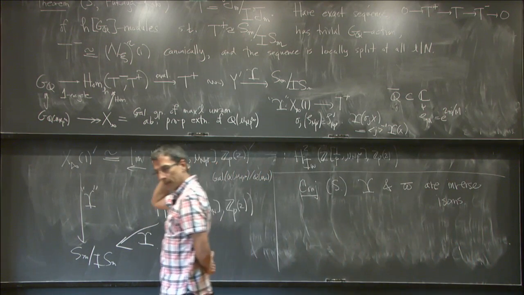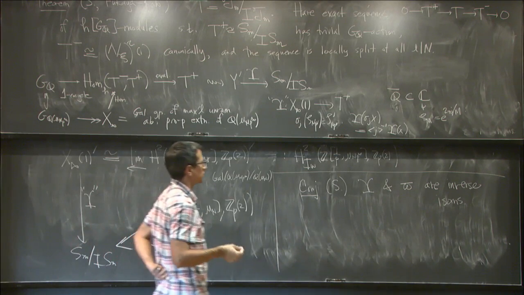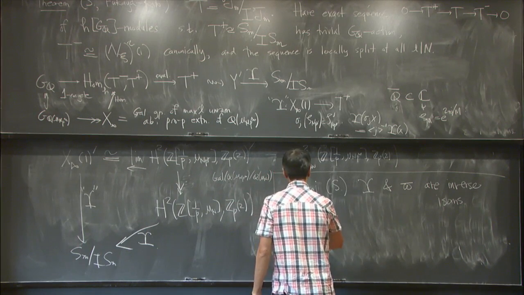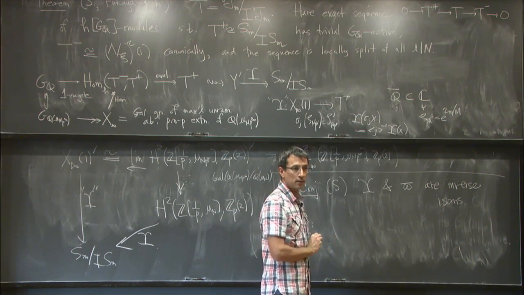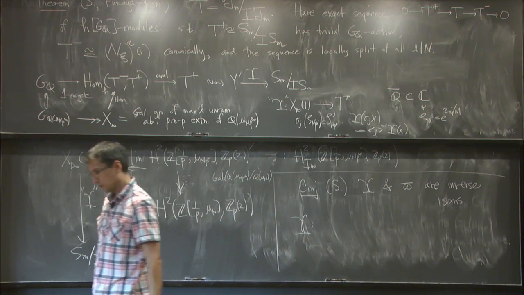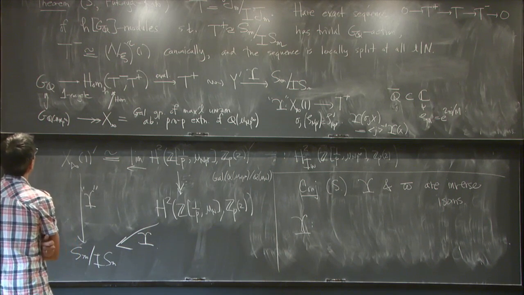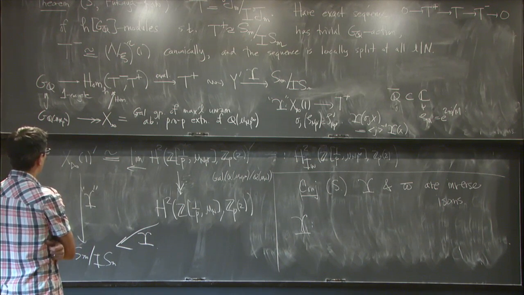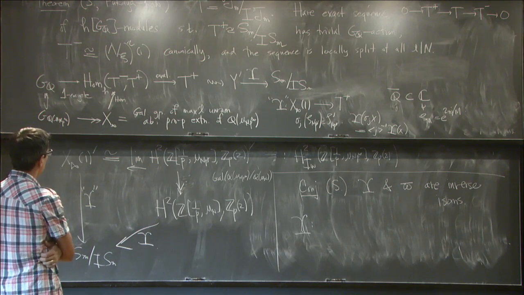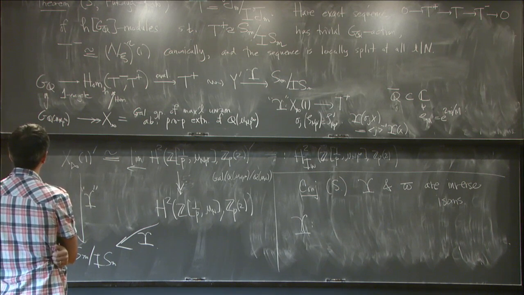OK, so the map var pi was defined not just on prime parts, but now I'm restricting everything to prime parts. So this is a map.